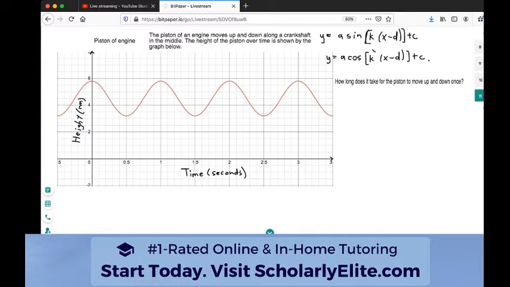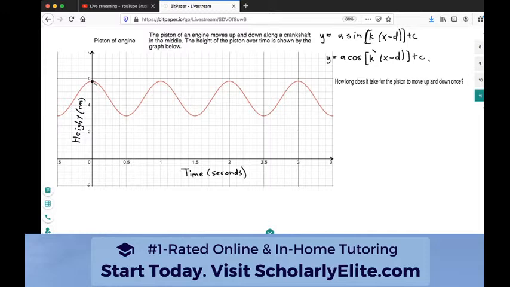So what I want you guys to remember when you're solving for the period is that you want the graph to go from the starting point and back to its starting point. Here we've got the starting point up here.